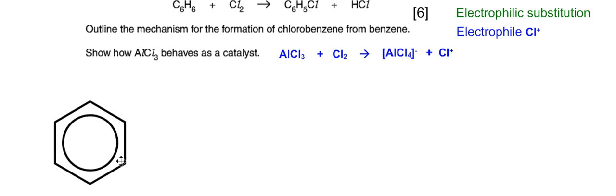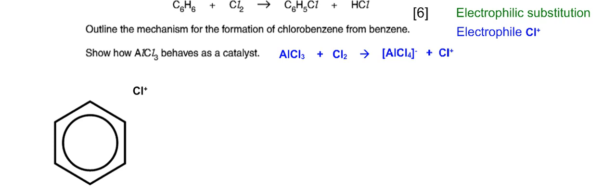Now, how does this electrophile get involved in the reaction? First of all, you take your benzene ring. Remember, the circle in benzene is a representation of those 6 pi delocalized electrons. And remember, we're not showing any hydrogens on this skeletal diagram. Then, our electrophile, our Cl+, approaches, and we have a curly arrow.